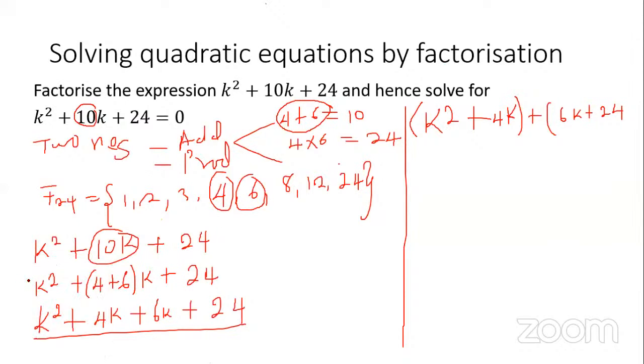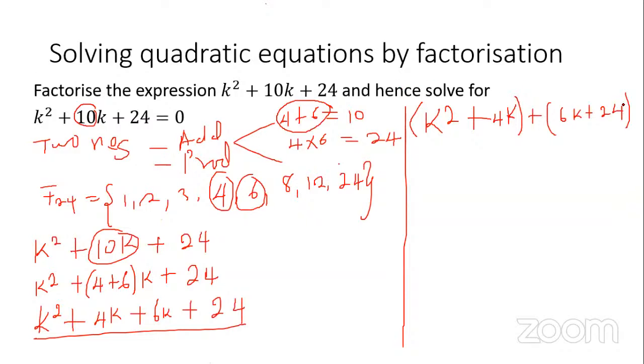So when we pair, we are going to choose what we call a common factor. Do you know what a common factor is? What we mean by a common factor? The common factor will be k in the first pair.